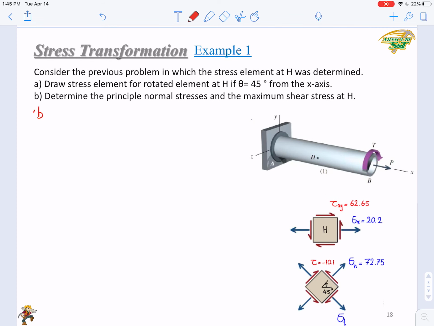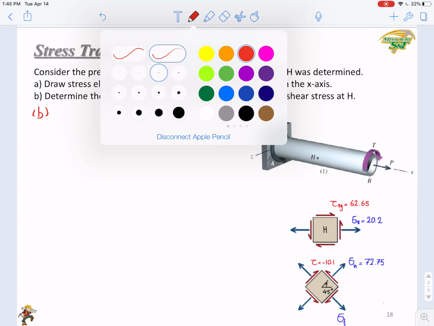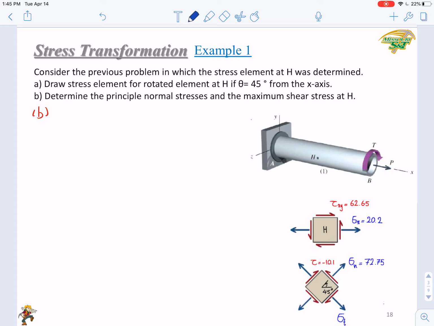Then in step B, we'll determine the principal normal stresses and the maximum shear stresses, and we'll also examine their locations. To find the principal normal stresses, we have two equations, actually one, just plus or minus. Sigma p1 equals sigma x plus sigma y over 2 plus the square root of sigma x minus sigma y over 2 squared plus tau xy squared.